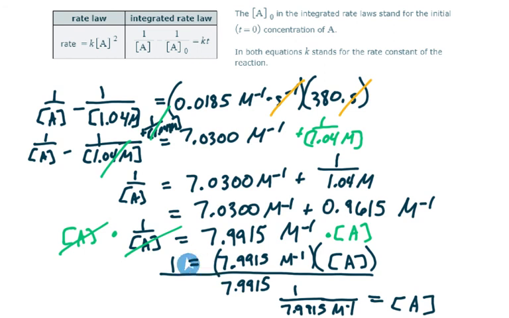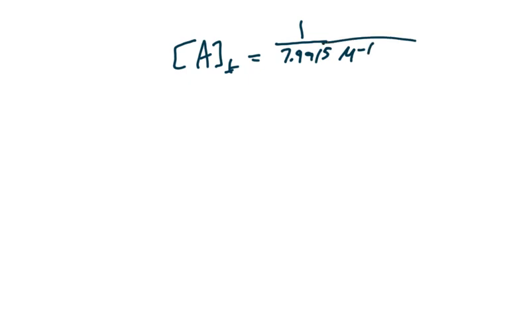You didn't even have to go through all of these steps. You could have just taken this and just flipped it, put it over 1. So that'll just become A. And then you could take this and flip it, and it'll become 1 over, just like we have here. Okay? So now that I have my final setup here, we'll finish that up, where the concentration of our reactant at this specific time is equal to 1 over 7.9915 M to the minus 1.